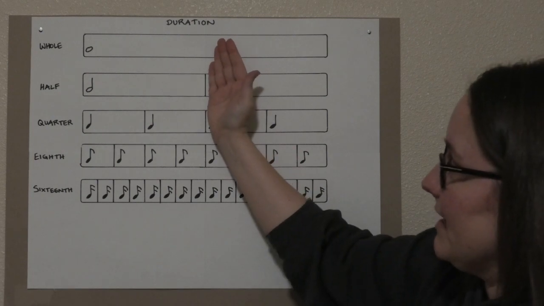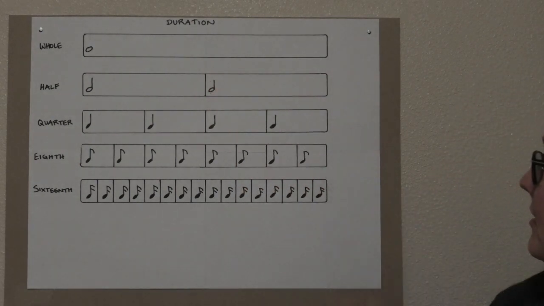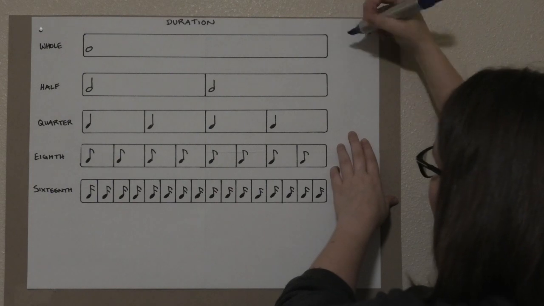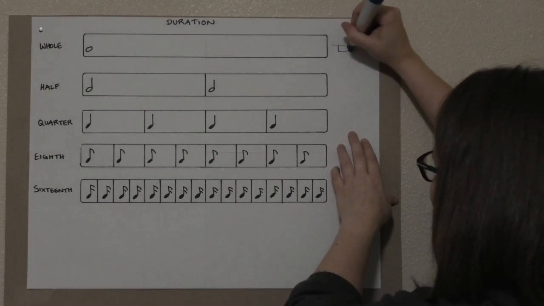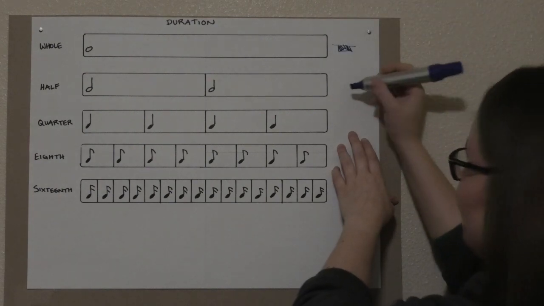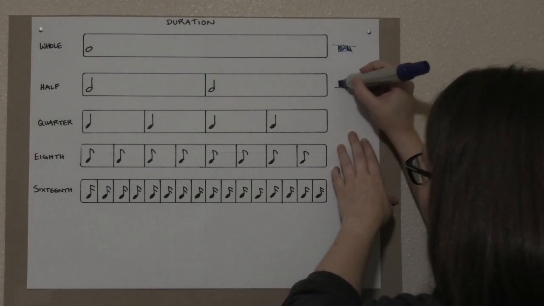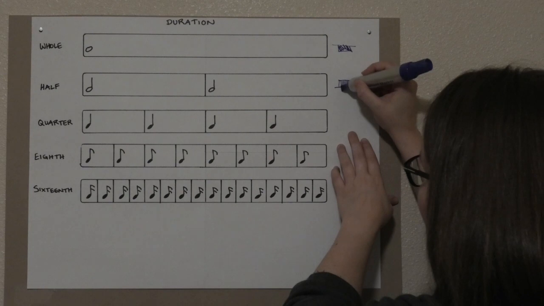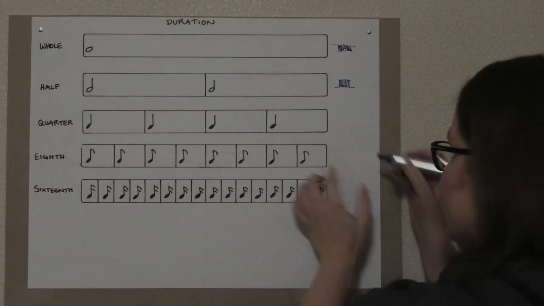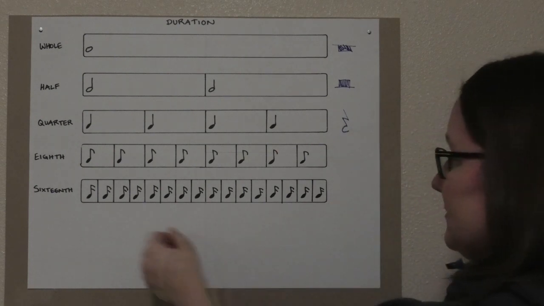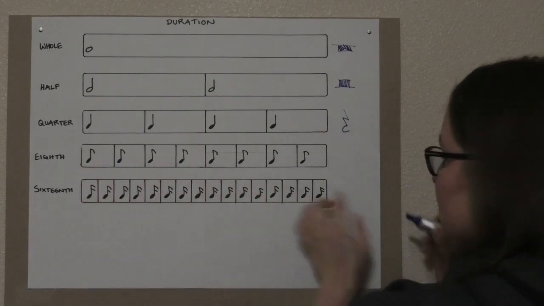There's your half note where it ends, and then a second one picks up here. Okay, so we have our whole notes or rests that would last this long. Our half notes or rests, our quarters, quarter notes or quarter rests, and eighth notes or eighth rests.